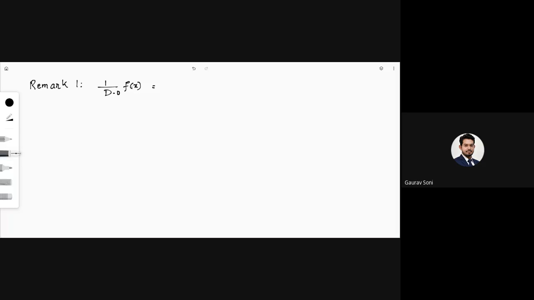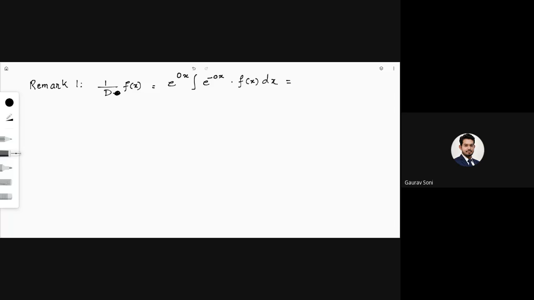Using our previous rule, we will have e to the power m into x, m is 0 in this case, integration e to the power minus 0 into x f of x dx. This was our formula.